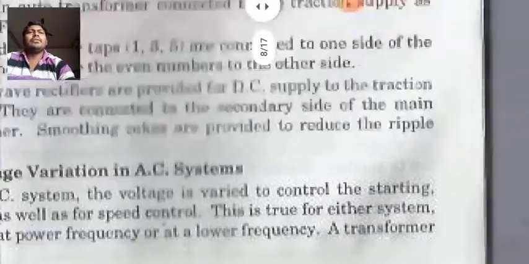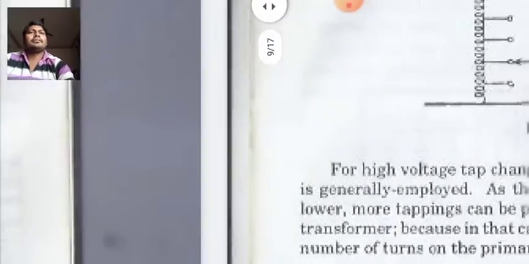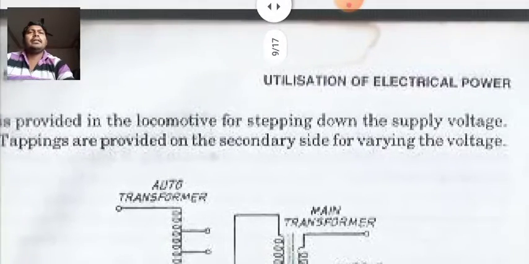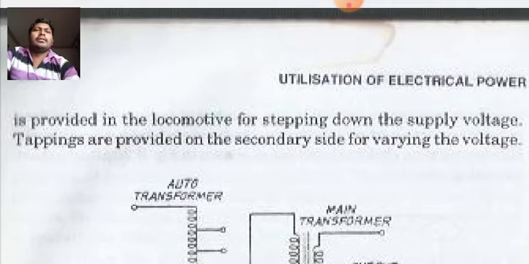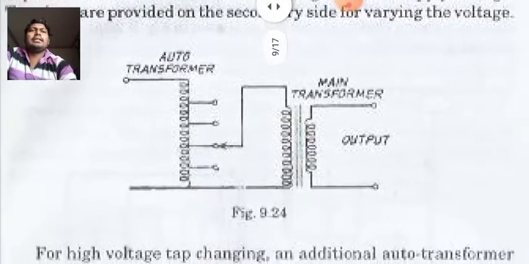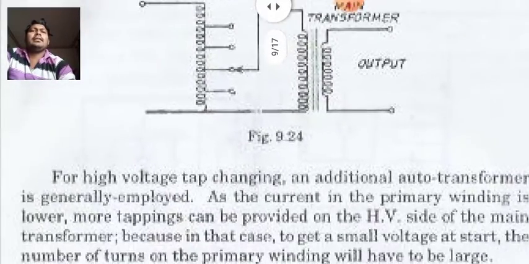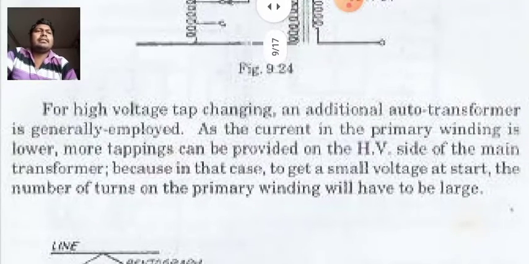A transformer is provided in the locomotive for stepping down the supply voltage. Tappings are provided on the secondary side for varying the voltage. So on the secondary side, tappings are provided. For high voltage tap changing, an additional auto transformer is generally employed.